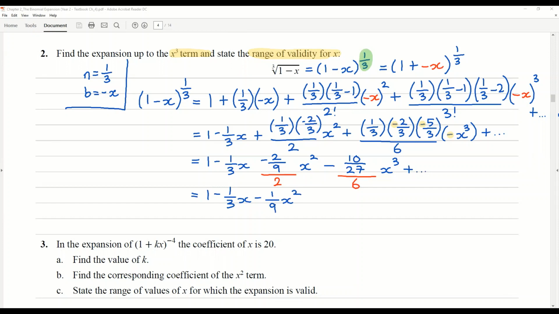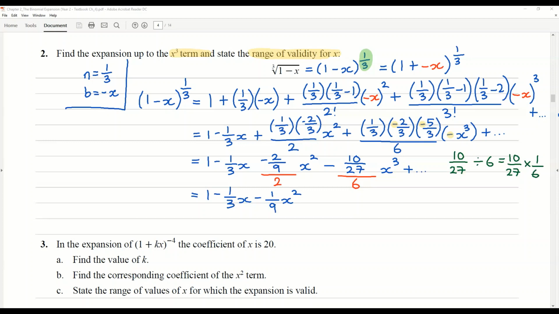And then here I have 10 over 27 divided by 6. Well, you can get a little bit mixed up when we do fractions divided by fractions or whole numbers. So if you like, if I do 10 over 27 and I'm dividing by 6, that's multiplied by 1 over 6.